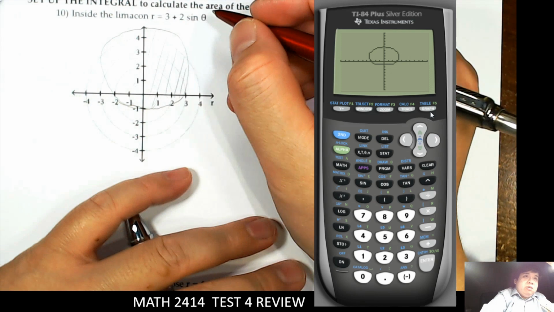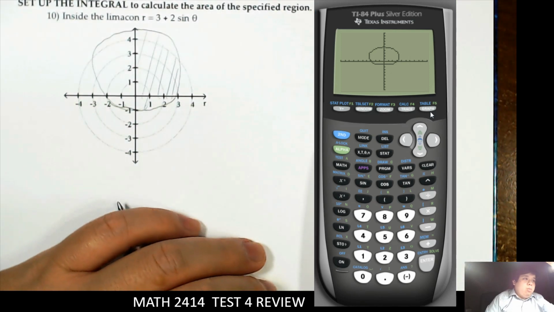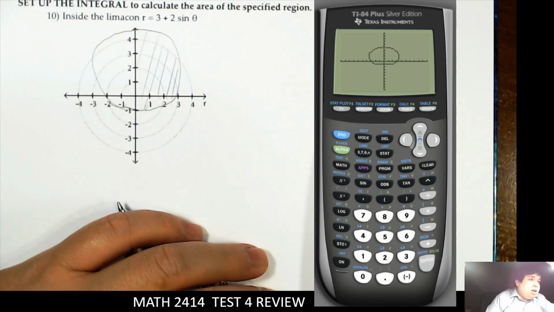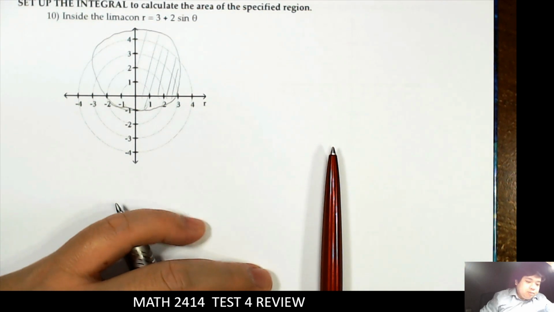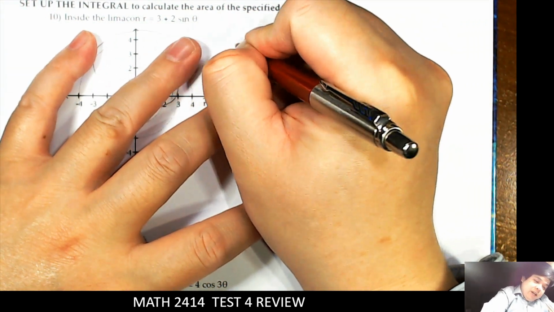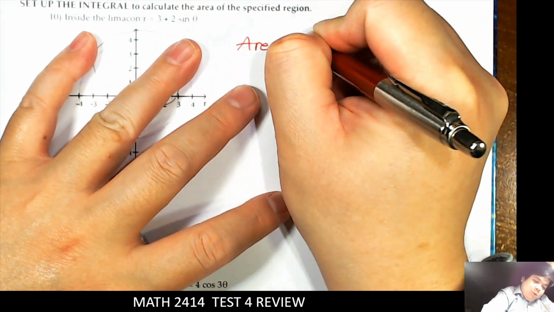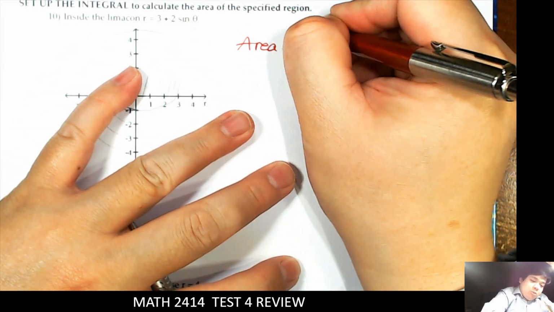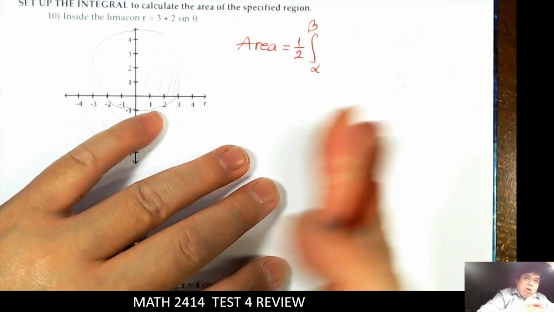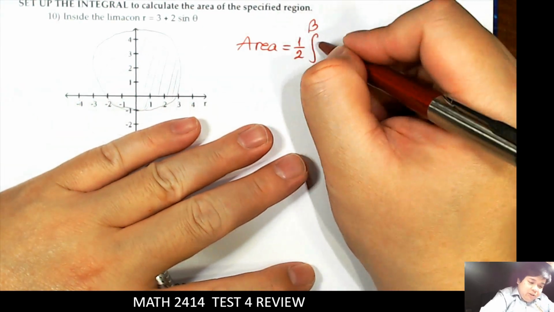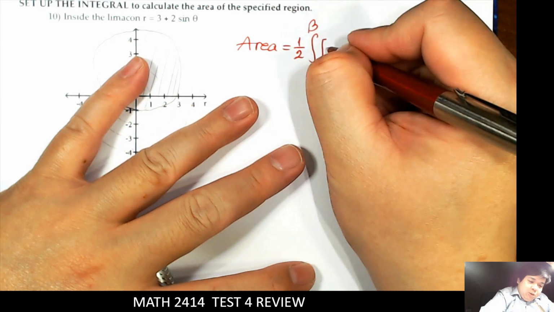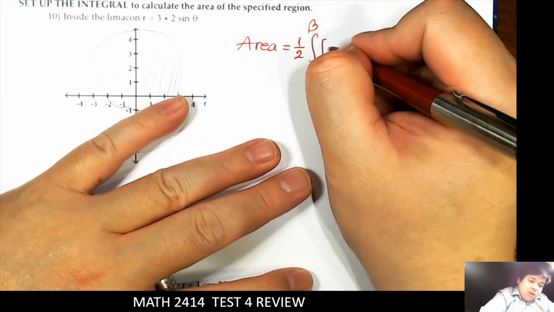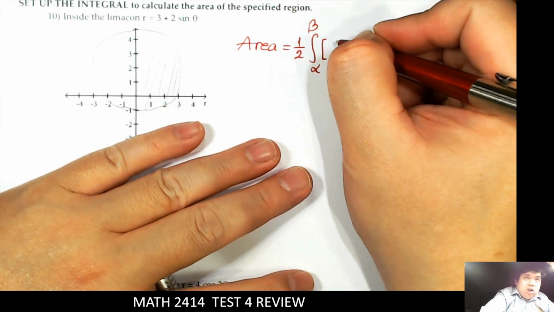But regardless, the formula for the area between polar curves is given by area equals 1/2, from alpha to beta, that is the range of theta, of the outside function of theta.